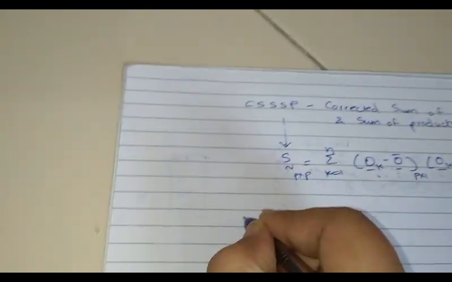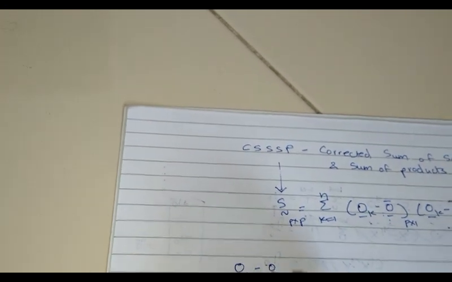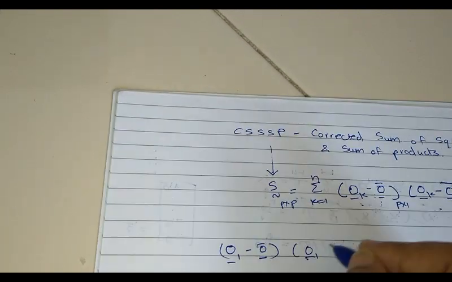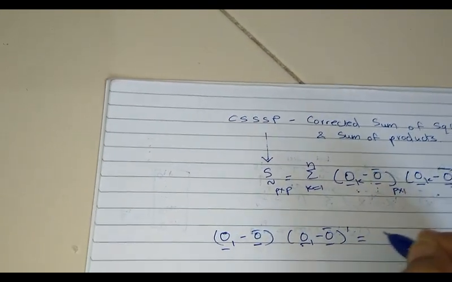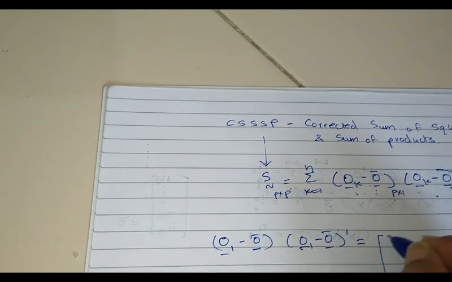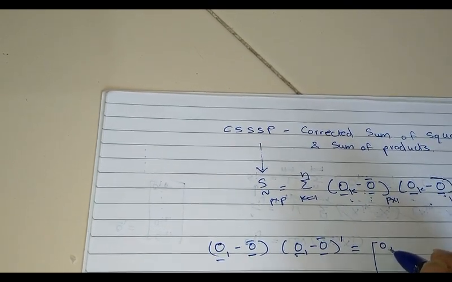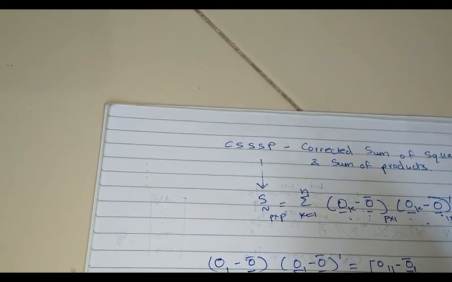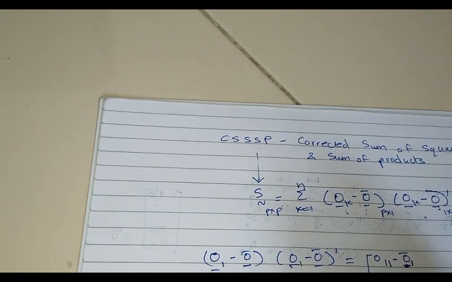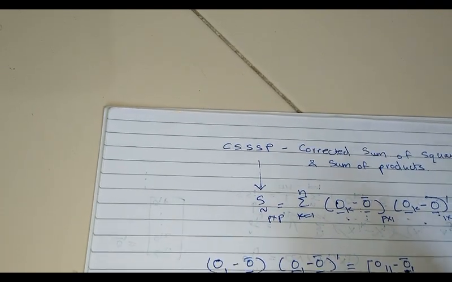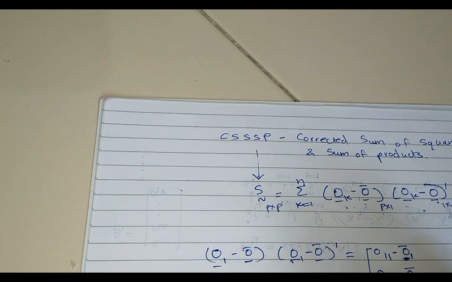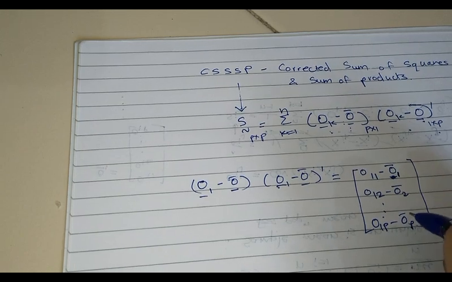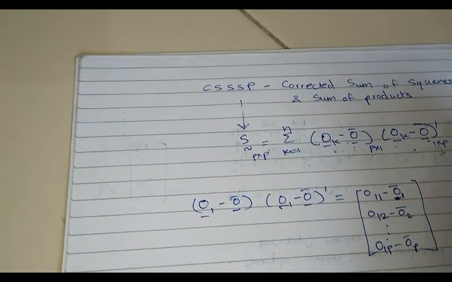For example, if I consider (O_1 minus O bar) into (O_1 minus O bar) prime, what do I get? First, O_1 minus O bar is (O_11 minus O_1 bar, then O_12 minus O_2 bar, up to O_1p minus O_p bar), where O_1 bar, O_2 bar, up to O_p bar are components of O bar.